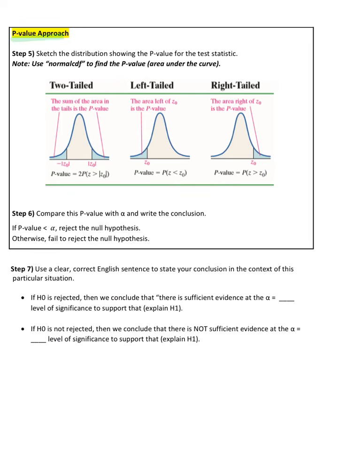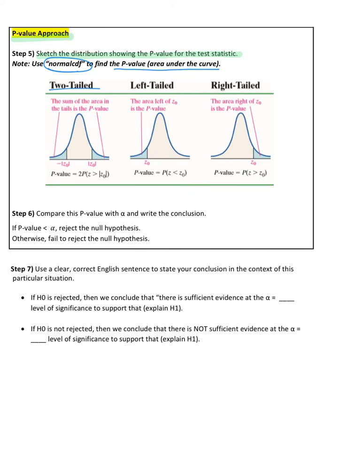Okay, now the p-value approach. First, you're going to sketch the distribution and show the p-value for the test statistic. Since the p-value is the area under the normal curve, you're going to be using normal CDF to find the area.